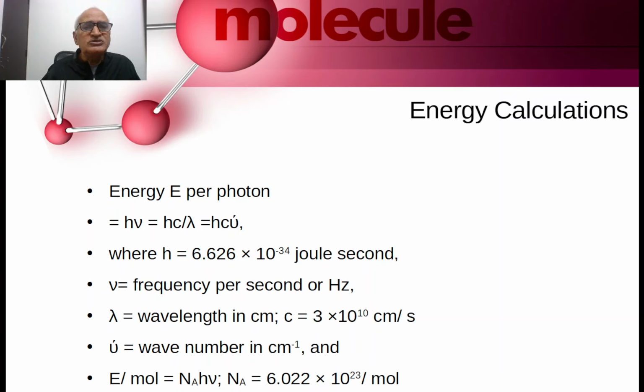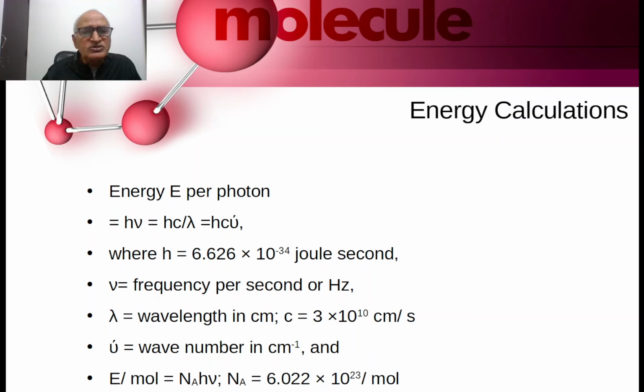How do we calculate energy of a photon? Whether it is infrared radiation or UV radiation or visible radiation, the formula for the calculation of energy is the same, and we are expected to be quite familiar with the formulations. Energy per photon, that is energy for a single photon, is equal to h nu, where h is Planck's constant having value 6.626 times 10 to the power minus 34 in the units of joule second.